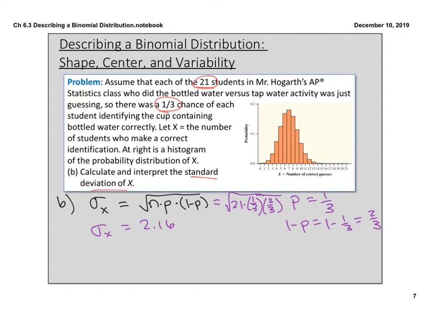So if I'm going to interpret that, it starts off pretty much the same, because again, the interpretation is the key here.